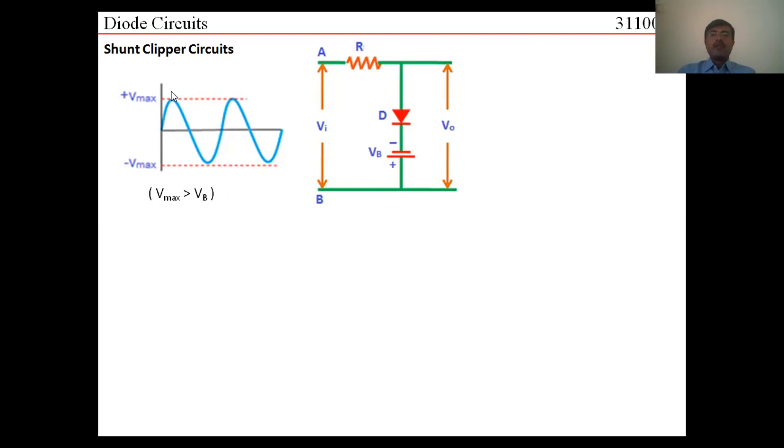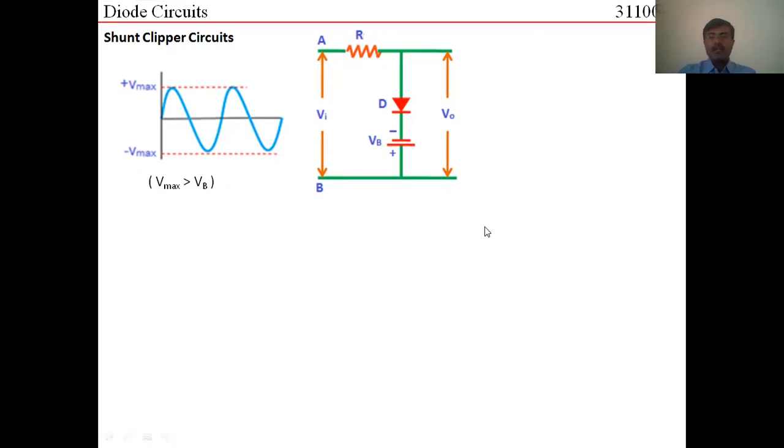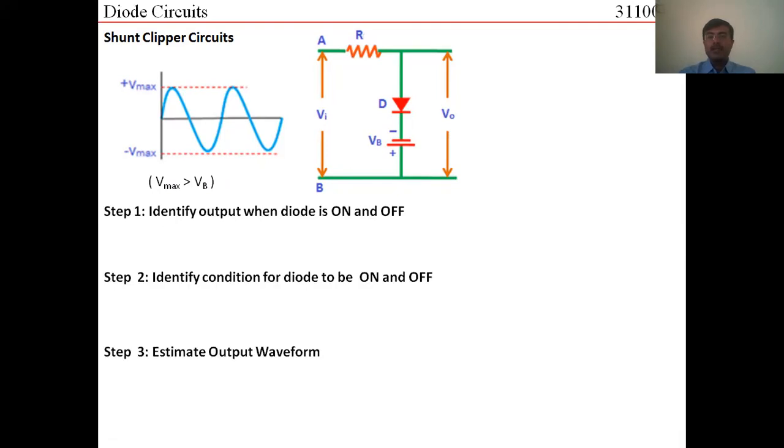Now, we would again try to estimate what the output voltage would be using our three-step approach. Because you have a background of series clippers, and we have discussed one basic example of a shunt clipper, I am sure you would be able to solve this and identify the value of the output voltage. So again, I would request you to pause the video here and work through these three steps.